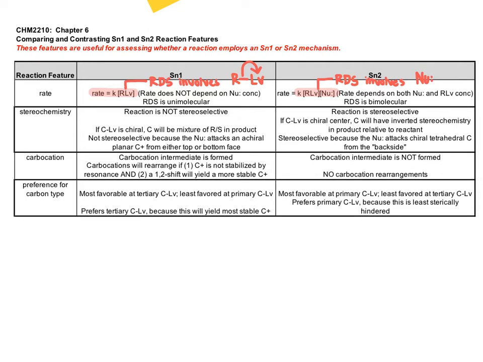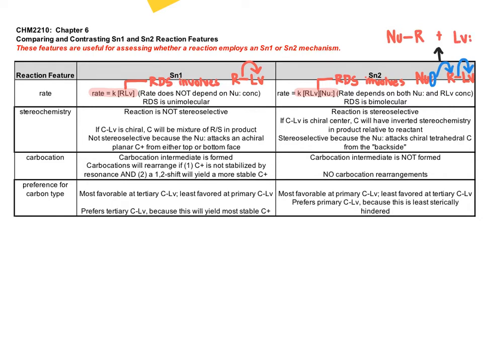So it involves the nucleophile coming in and attacking, and when we say attack, what we mean is that the electrons from the nucleophile are coming over to form a bond to the carbon atom that's bonded to the leaving group as the leaving group goes ahead and breaks away like so. And what that's going to yield for us is our product, where we will have replaced in one step the leaving group with the nucleophile like so.